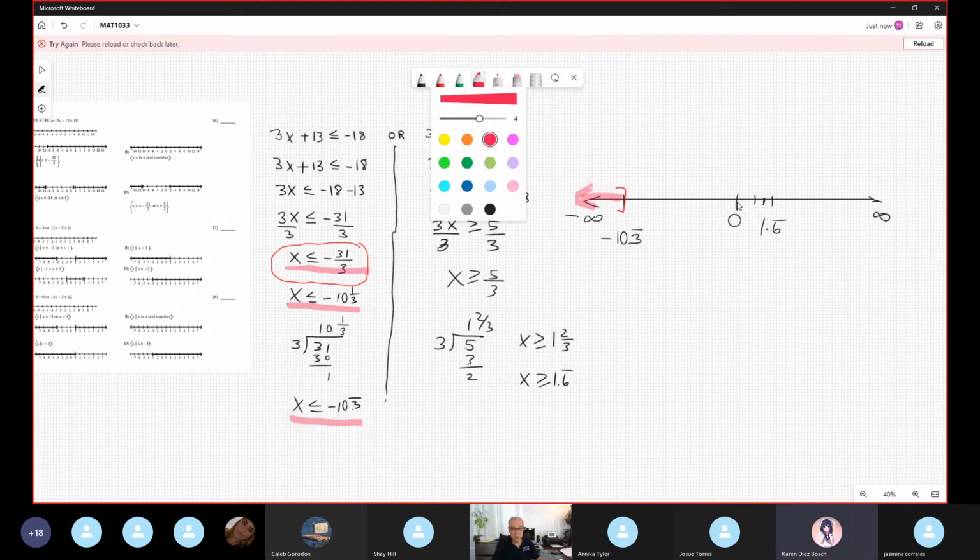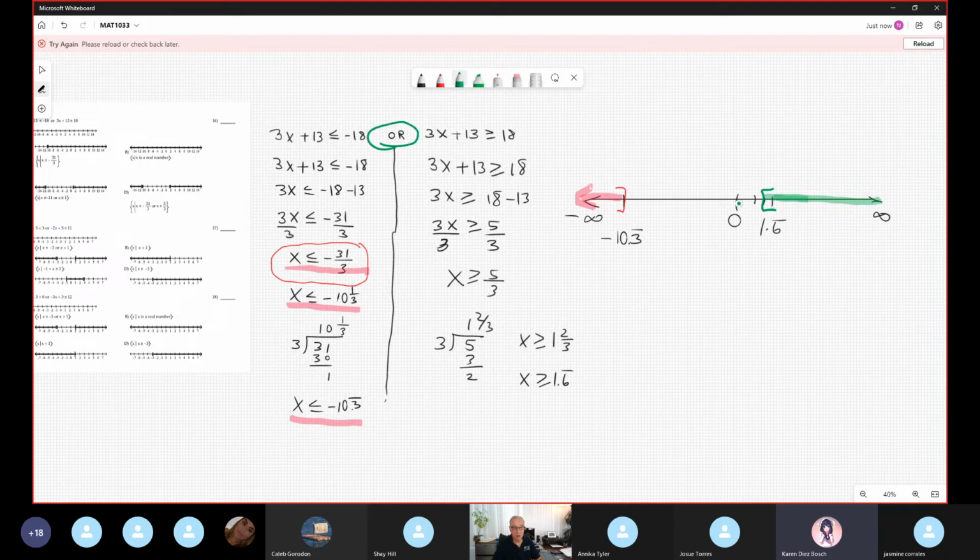This is green color, is here, sorry. And this is again connection, but this is OR. And OR is both. So basically it is the red part plus the green part together, right?